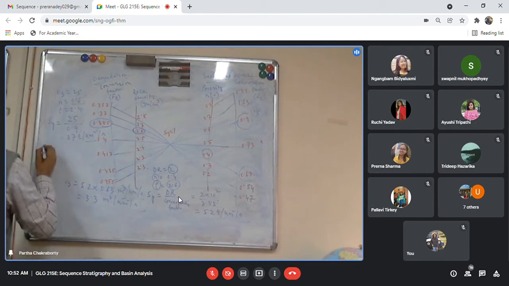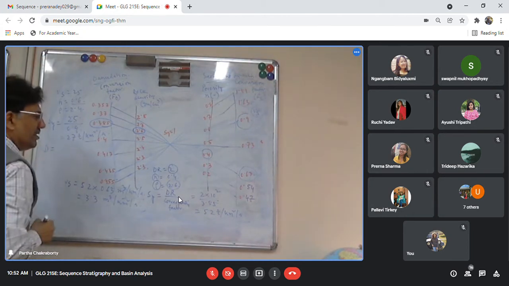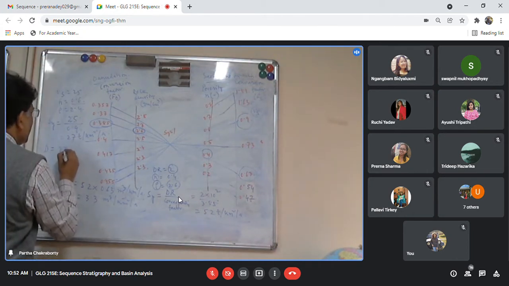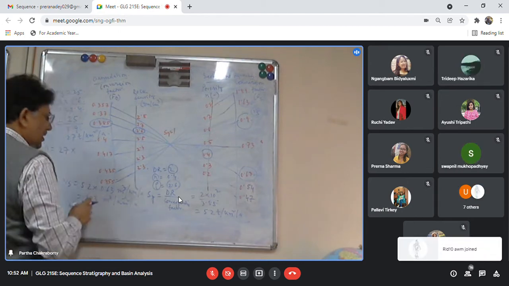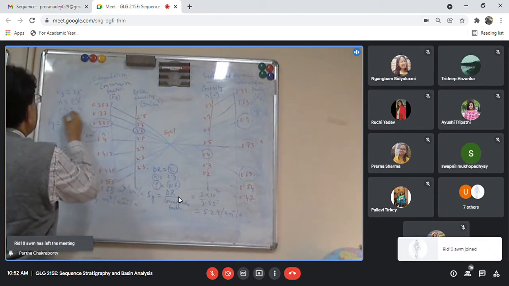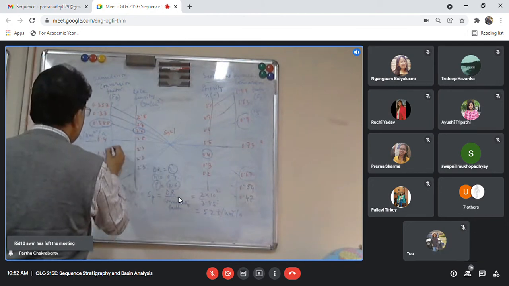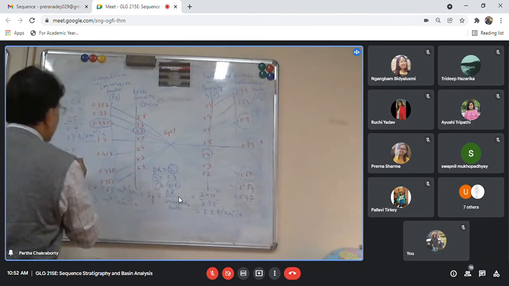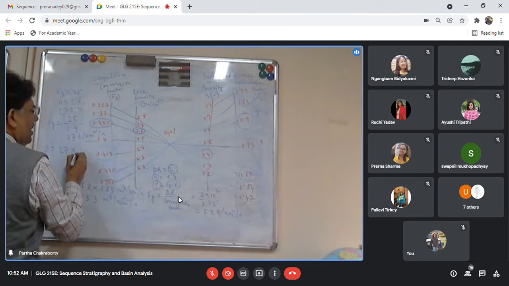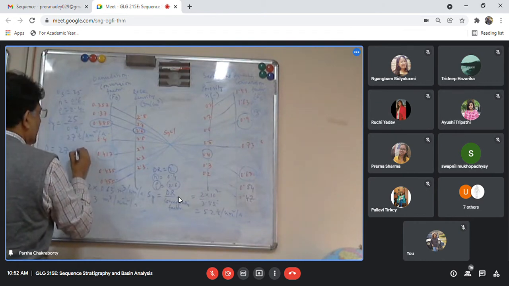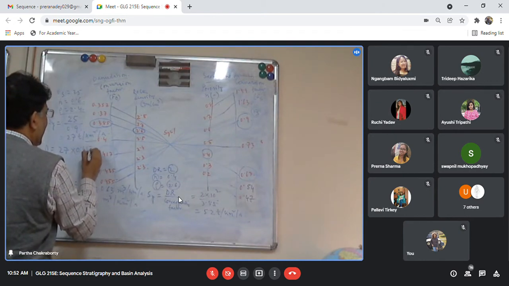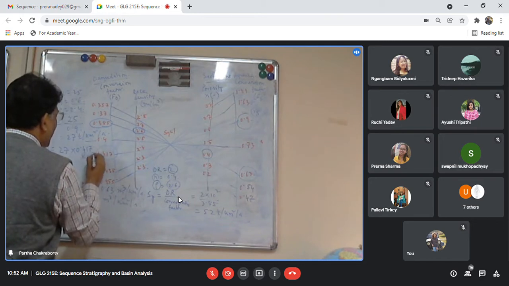Then what will be the denudation rate? The denudation rate will be 27 into, then you come to this density 2.4. So this is 0.417.